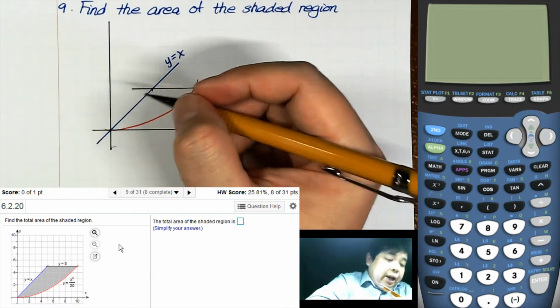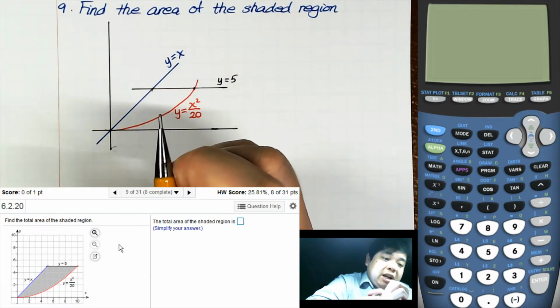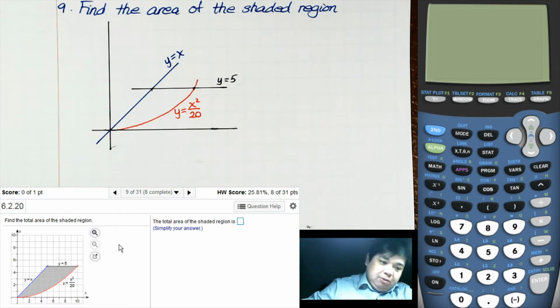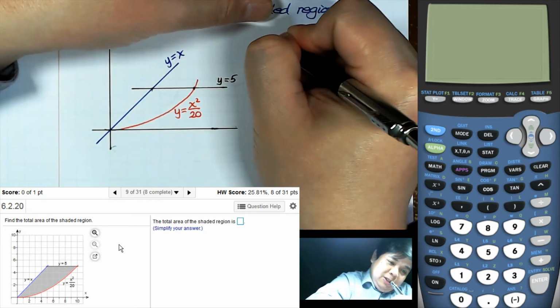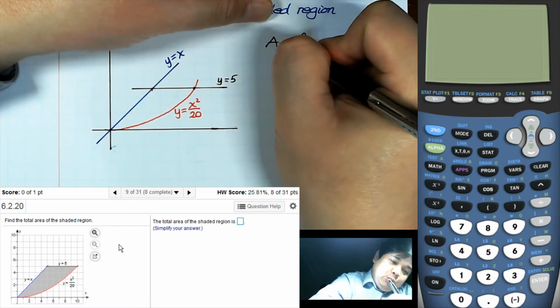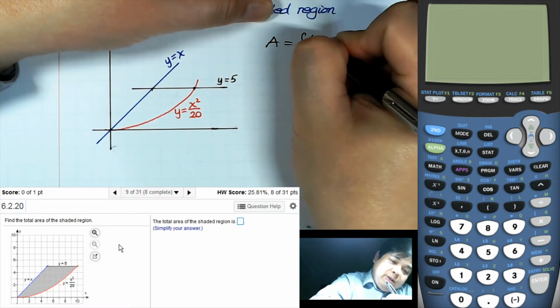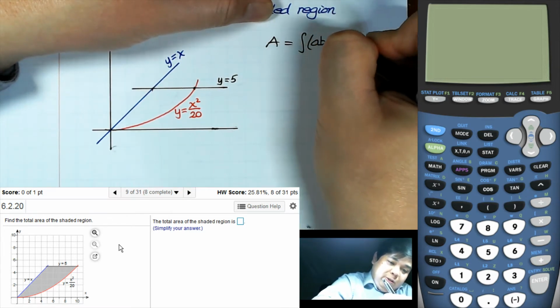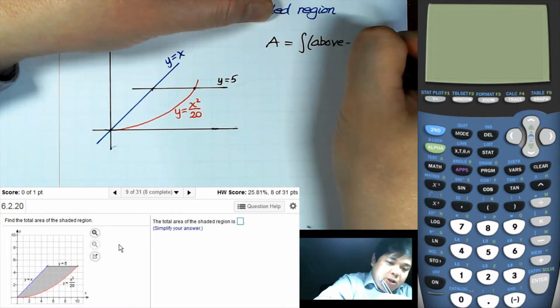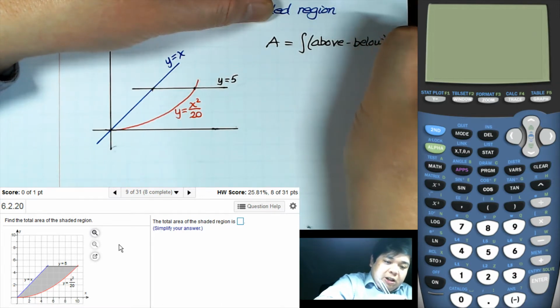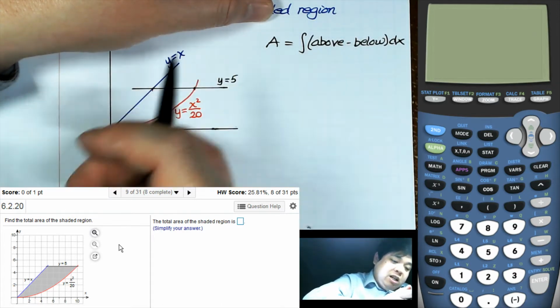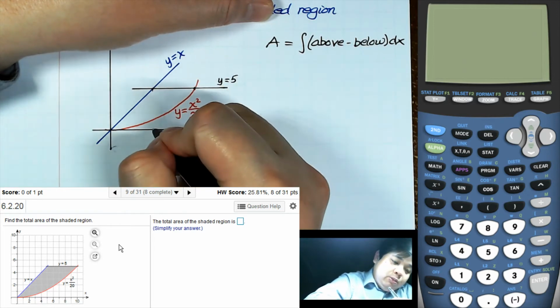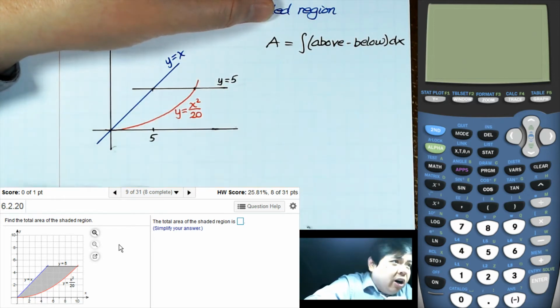So now if we use dx, this is going to be the function above minus the function that is below, and then dx. The limit for x in this case, that's easy, from 0 to 10.